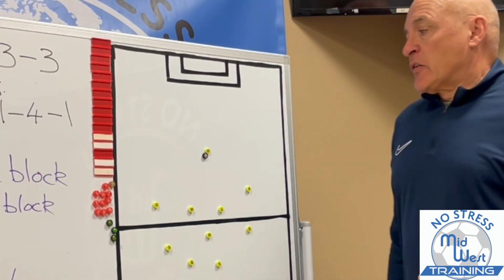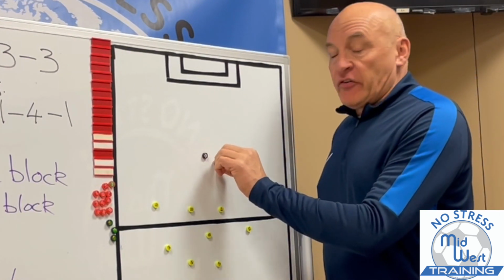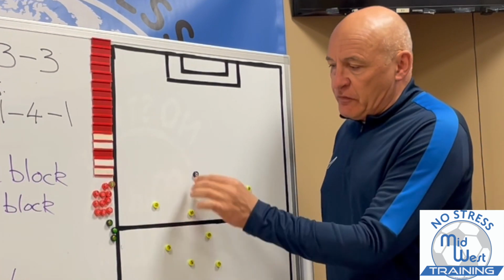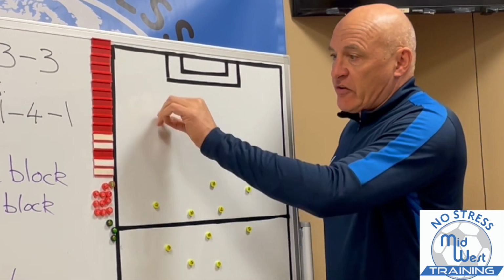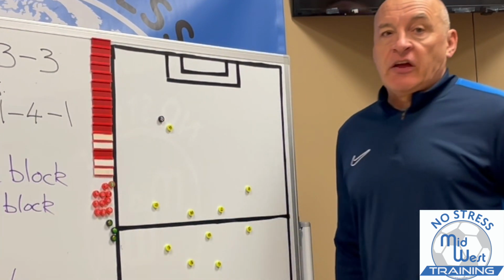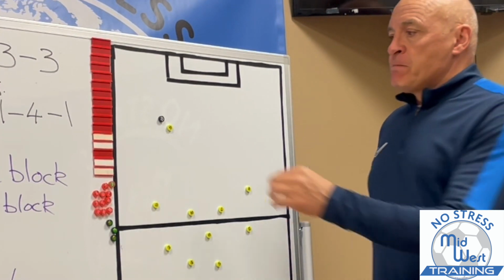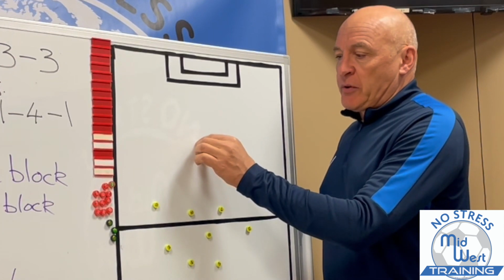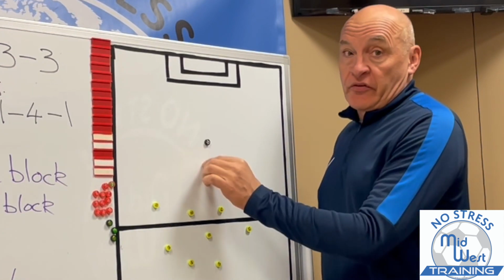The other type of quality we might be looking for: is this person a speedster? Is this a person that even when we're in a deeper defending position, if we win it and we can spray it, he or she can chase down a ball? They can win foot races. If they're that type of player, then obviously they're looking to play on the shoulder of the last defender and go all the time.